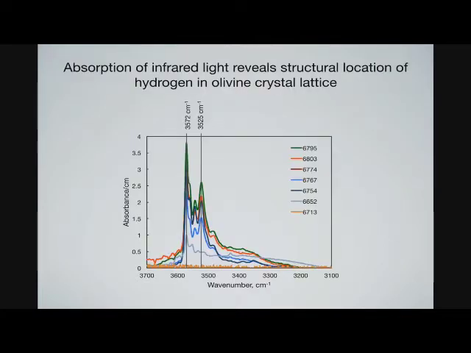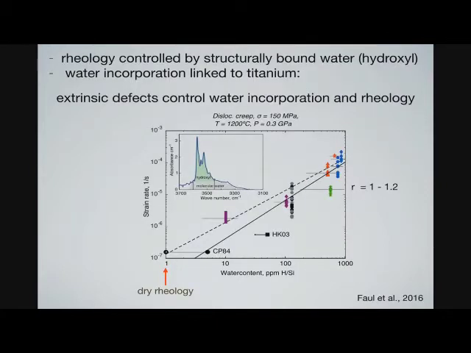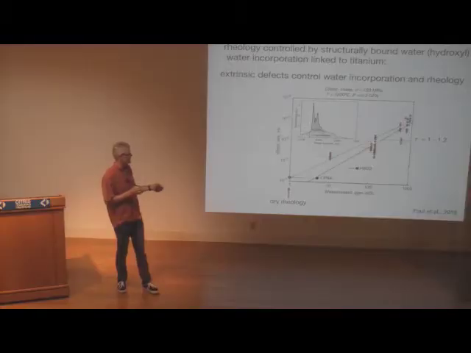So with infrared spectra, again, we see those two bands for these samples, and we get this linear relationship. Remember, the linear relationship isn't new, but now we can vary the water content, and the water content is from the infrared spectroscopy in these two bands. So we directly link the infrared spectroscopy, how much hydrogen and hydroxyl there is, with the rheology of the olivine.